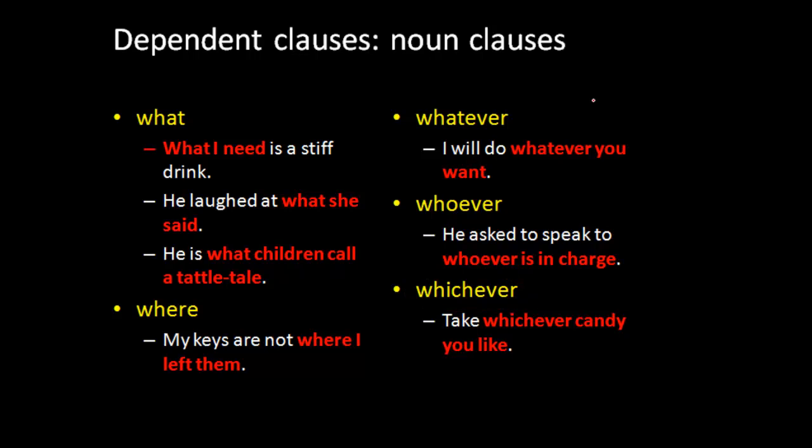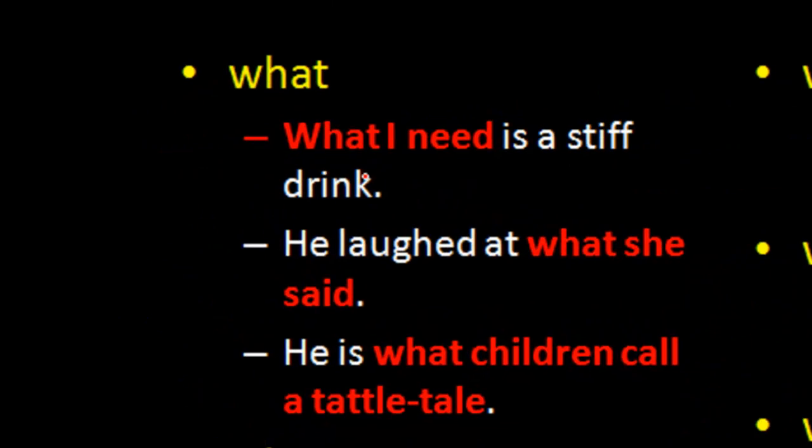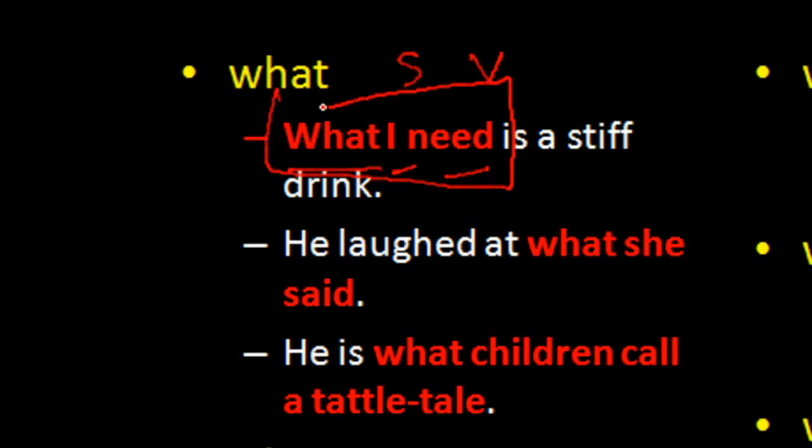So when I take the word what and I use a subject and a verb, what I need, I is the subject, need is the verb. When I say what I need, I'm talking about a thing. Okay, I'm talking about something that I need, and I'm making this construction, what I need, function like a noun in my sentence. So what I need is a stiff drink.